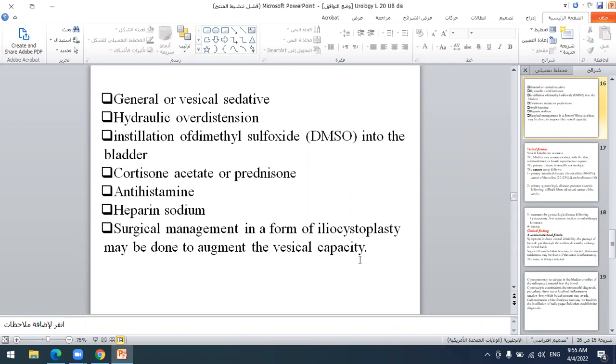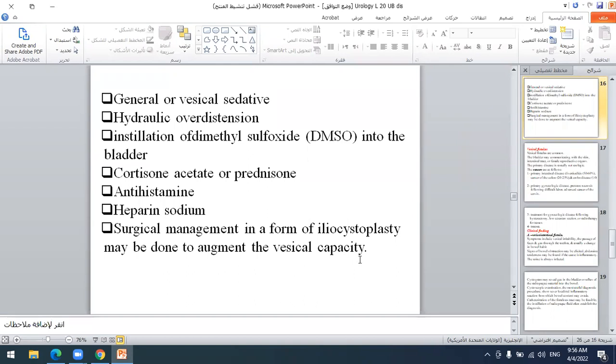So they come complaining of these attacks, and when we try to diagnose this case, we see the bladder has reached a smaller capacity and lost its elasticity or flexibility.